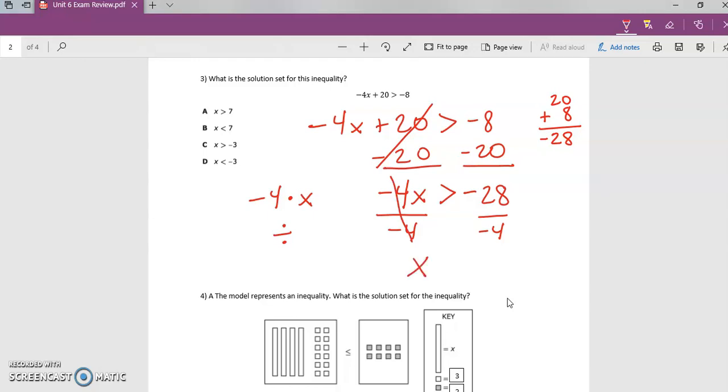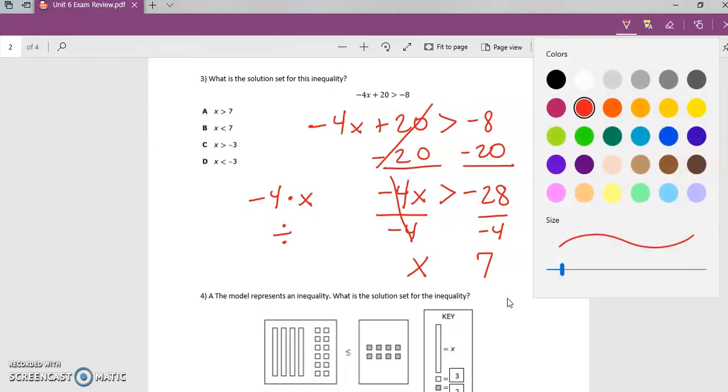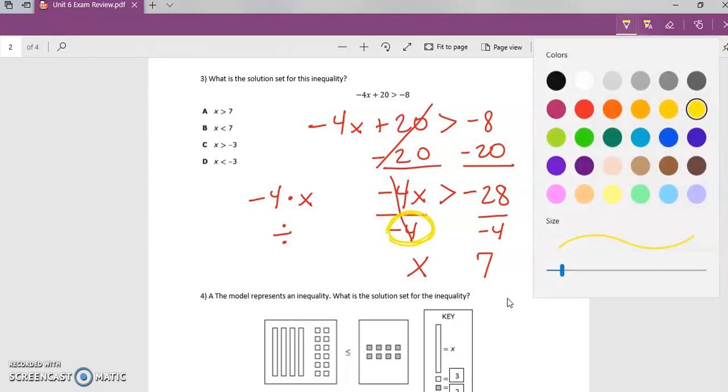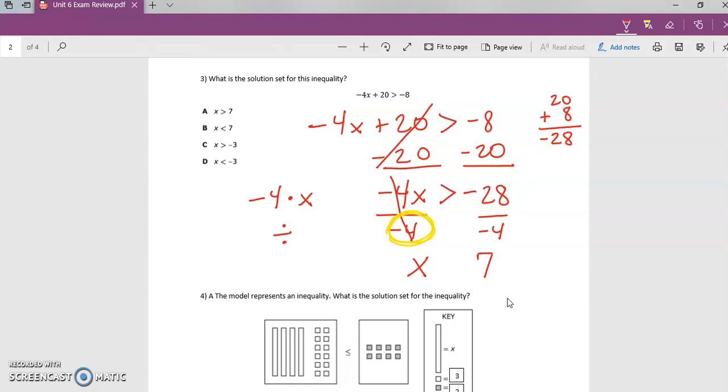Negative 28 divided by negative 4 is a positive 7, because a negative by a negative is positive. But what happens here, I have this negative 4 that I'm dividing by. So whenever I divide by a negative number, the sign has to flip around. So it goes to less than now. So the answer for this one would be letter B. x is less than 7.